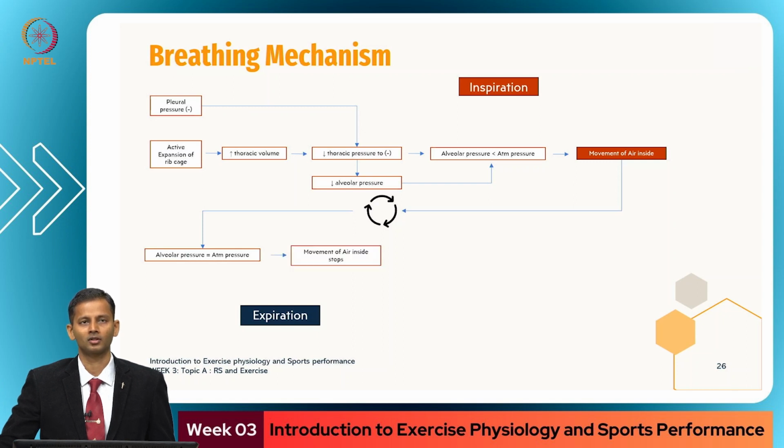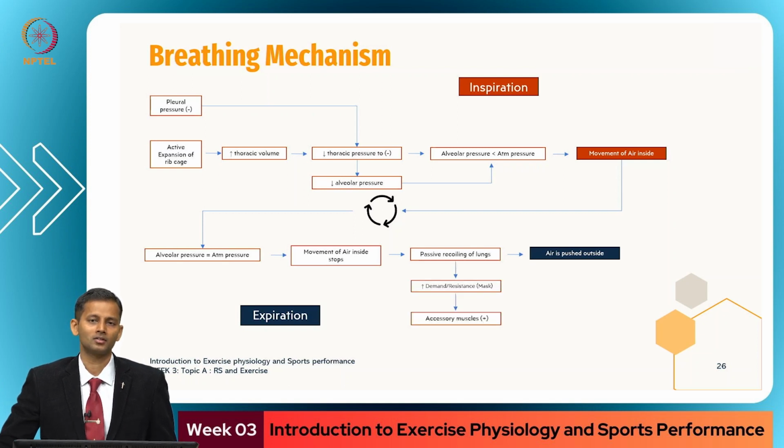The pressure neutralizes between the alveolar and the outside atmospheric pressure. This halts the movement of air from outside. Because of the elastic nature of the lungs, you have passive recoiling, causing movement of air outside during quiet breathing.